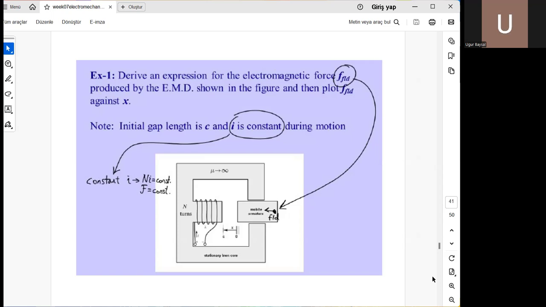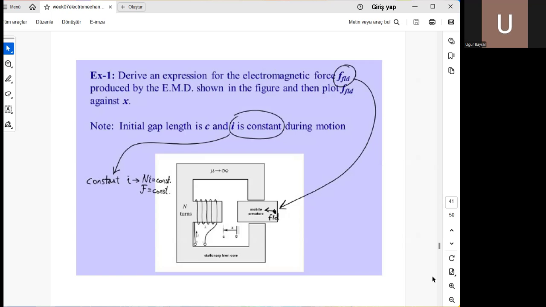So if you look at example 1 and try to solve this problem, there's a moving plunger in, let's say, a two-arm magnetic circuit. Center arm is energized with a coil and current with the given parameters, and the moving plunger is shown with a smaller piece from left to right, which can move horizontally.